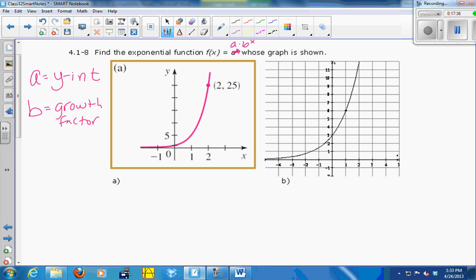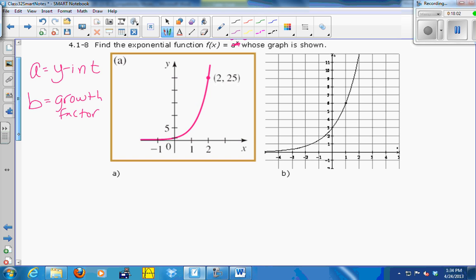So this exponential growth is pretty similar to linear, right? In terms of how to make the equation. It's built from the starting point, the y-intercept, plus a growth rule. In linear, the growth rule is a consistent amount that you always add. In exponential, we have a growth factor, which is a consistent number you always multiply by.